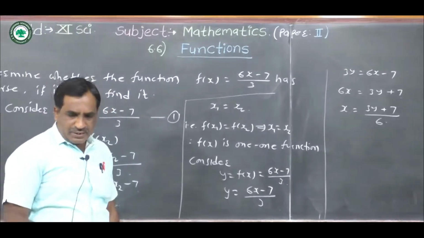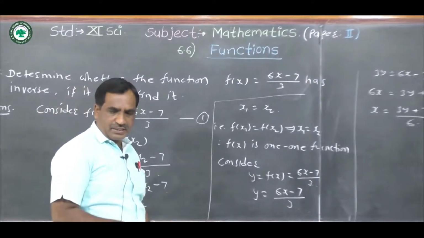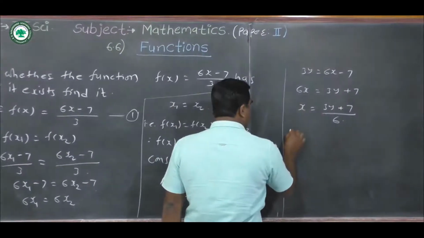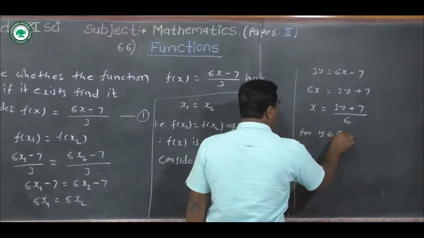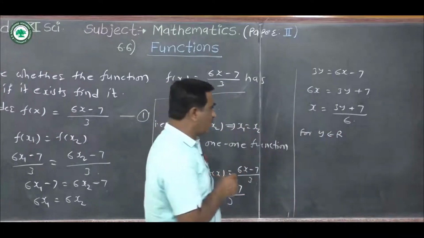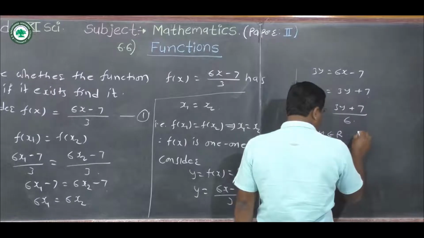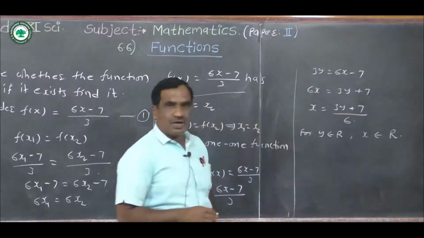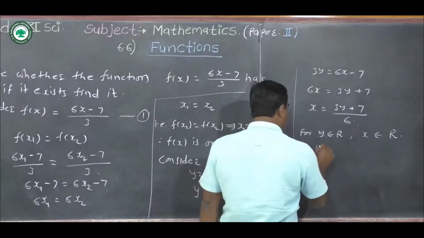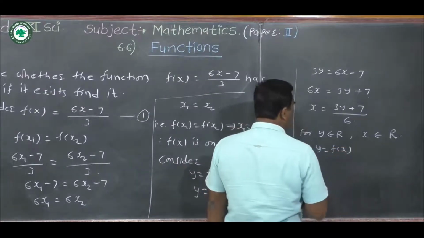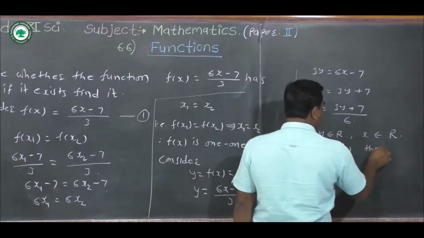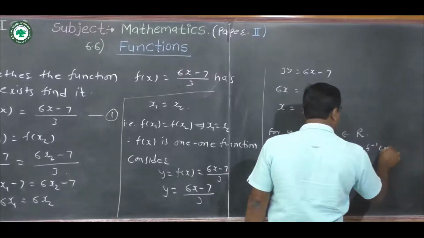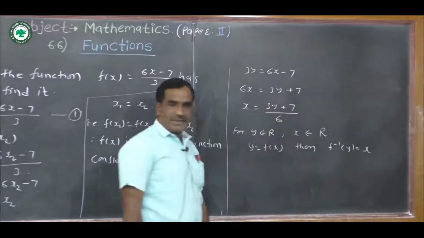Now we consider f of x for every y belongs to R. For y belongs to R, that is f of x belongs to R, x also belongs to R. That is, if y is equal to f of x, then f inverse of y is equal to x.